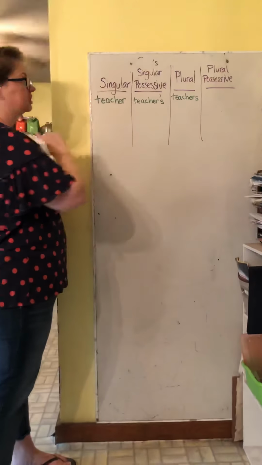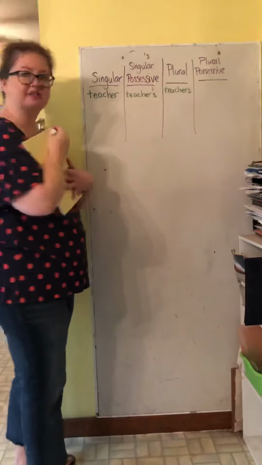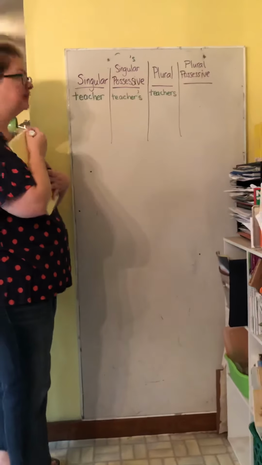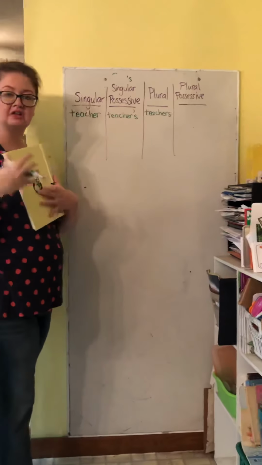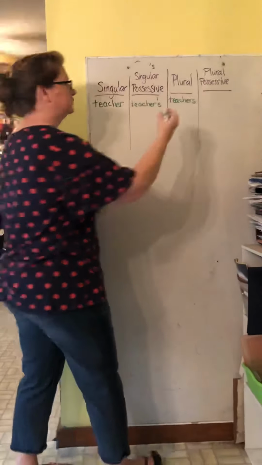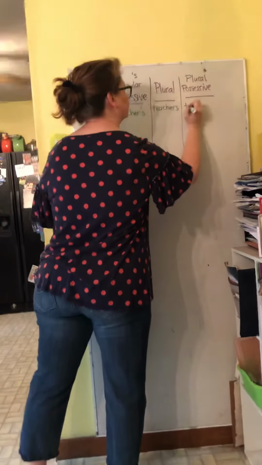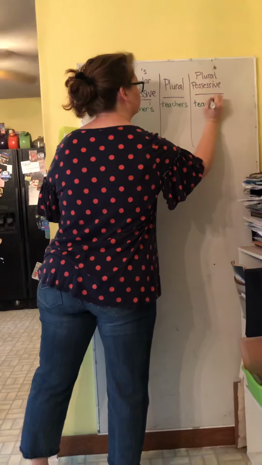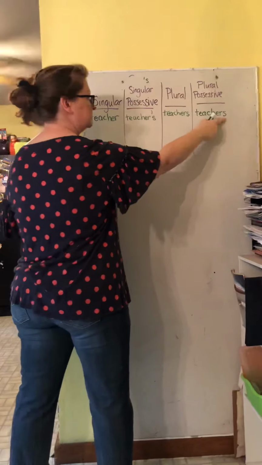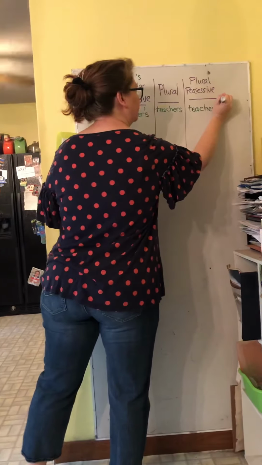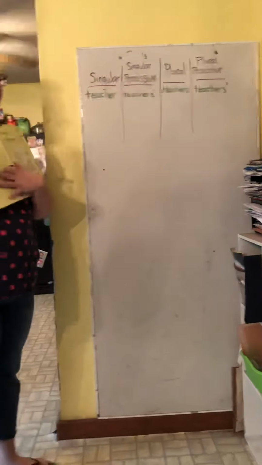Okay, so my apostrophe goes after the R, before the S, and it shows that whatever comes after belongs to one teacher. Now, my plural possessive is going to look a little different. So I have more than one teacher. There are many teachers, and they all have books. So the teachers' books, in order to make that possessive, I have to write out my plural word, teachers, and my apostrophe comes after my S. Okay?